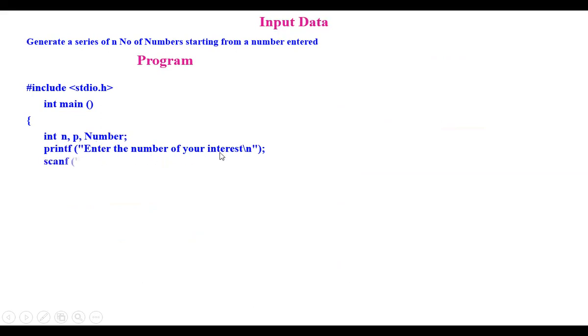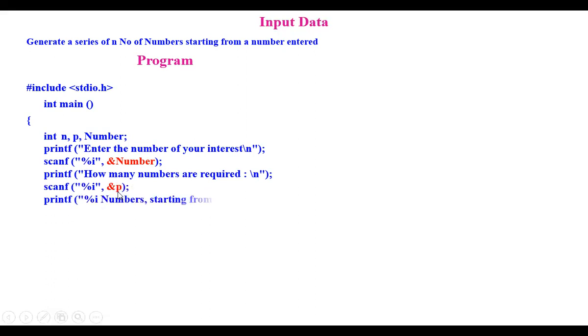Enter a number of your interest, which is stored as number, and how many numbers are required is assigned to p. It displays p numbers starting from that number.